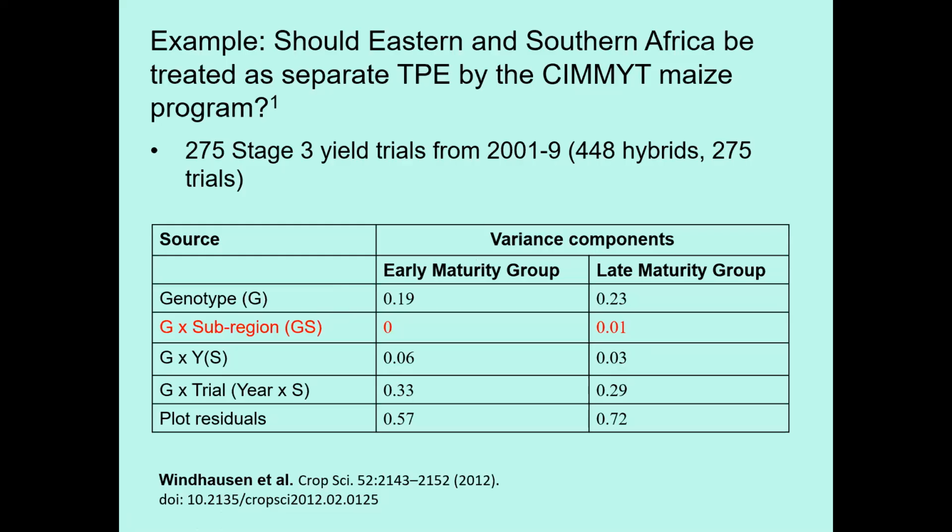There might be other reasons to subdivide the TPE, different quality requirements. I don't think that's really the case in this case either, or different disease resistance being required. But in terms of selection for yield, there's really no reason, according to this analysis, to be subdividing, operating completely separate breeding pipelines for Eastern and Southern Africa.